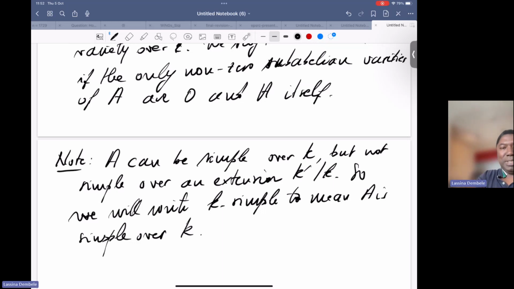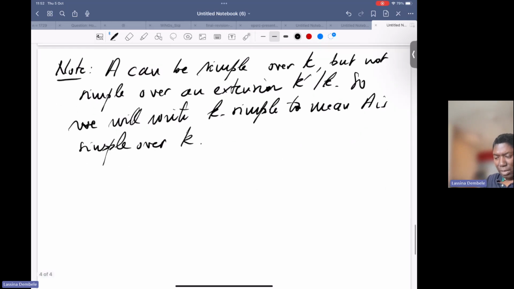And now here comes a very important proposition, which says that every abelian variety decomposes into a product of simple abelian varieties up to isogeny. Okay.